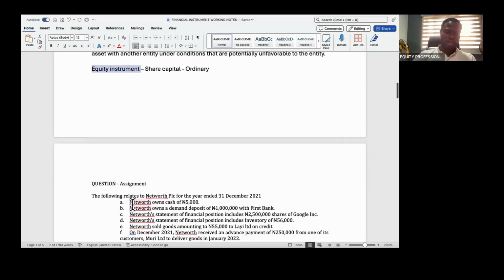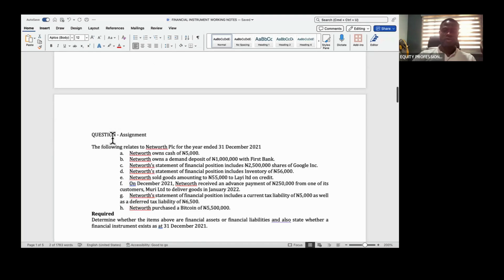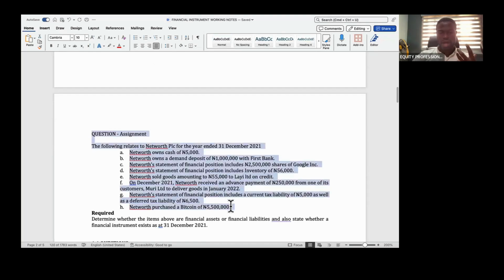We solved some questions, which every one of you participated. The class was highly interactive. Everyone set their mind. Then I ultimately came in to give explanations around what it should be and what it should not. This particular question helped us in understanding when an entity has a financial asset or a financial liability, and whether there is a financial instrument contract in the arrangement.